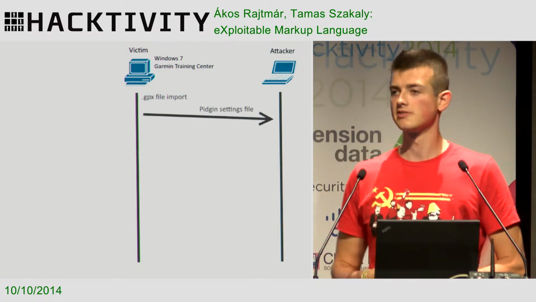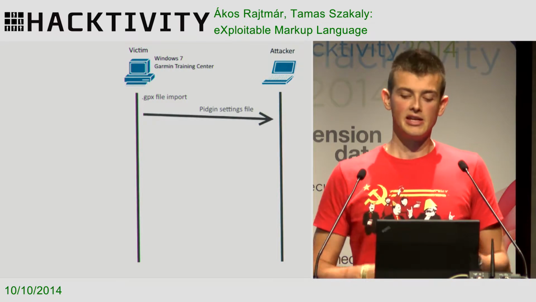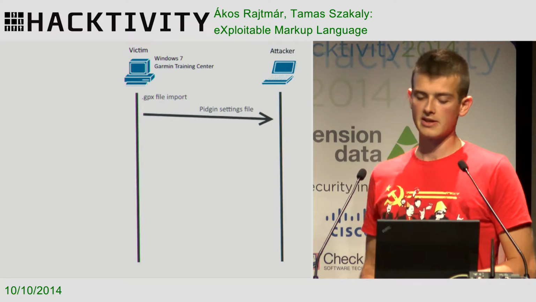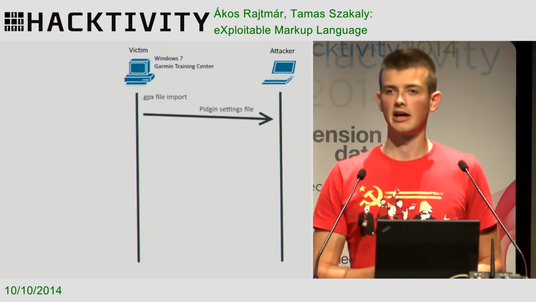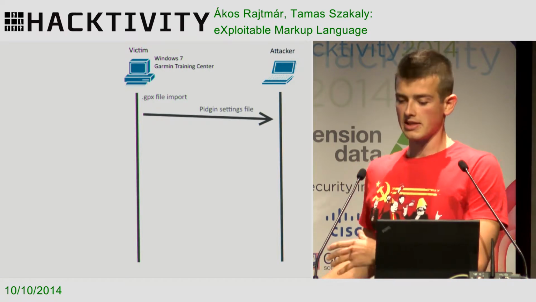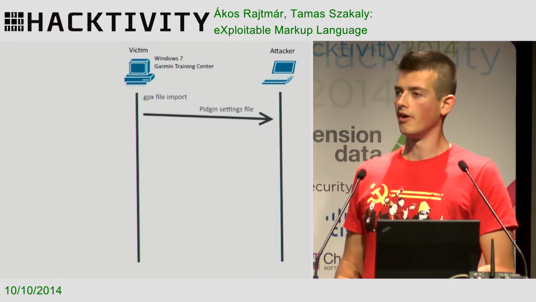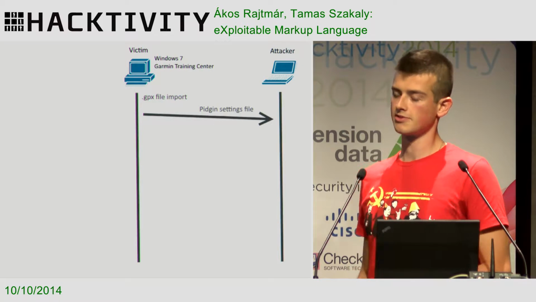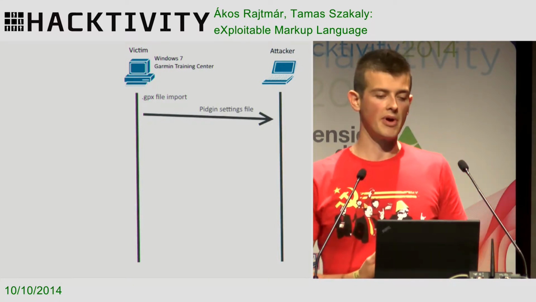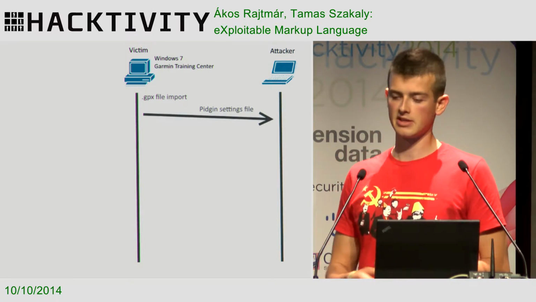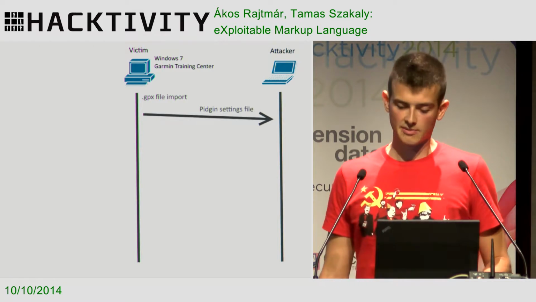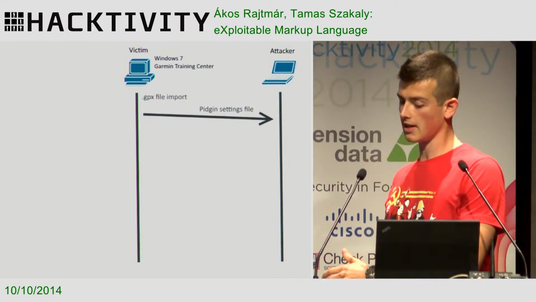These are the actors. We open the GPX file for import, and when it is opened, the GPX file includes an XML that will send the parameter entity. It will use the parameter entity to send to my attacker the Pidgin settings file that includes information in unencrypted plaintext form, and it's a valid XML file.